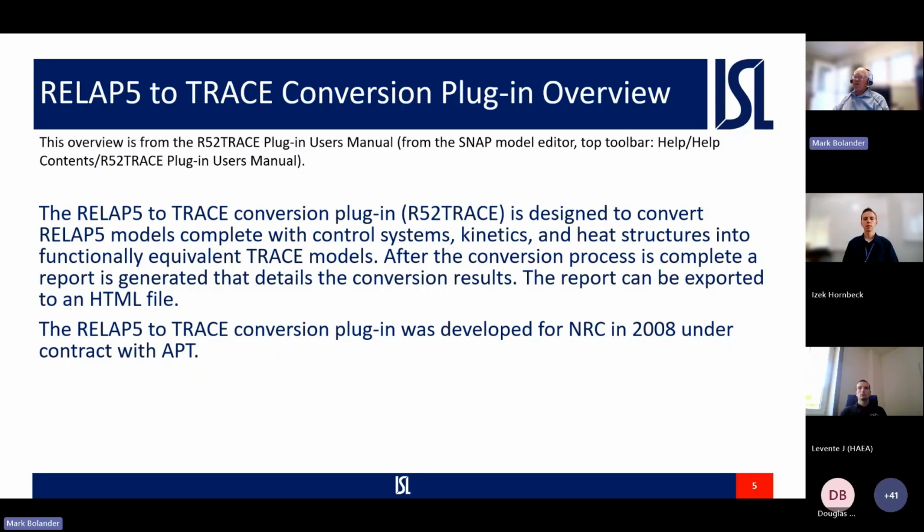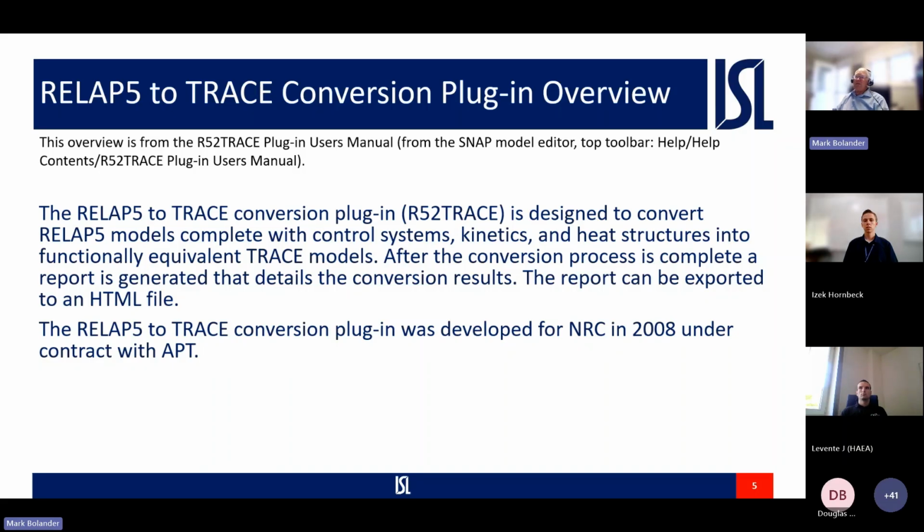This overview is from the RELAP5-to-TRACE plugin user's manual, and you can find that by going to the SNAP model editor, and in the top toolbar, going to Help, then Help Contents, and then the RELAP5 plugin user's manual. So you can look at that at a later time or just follow along here.